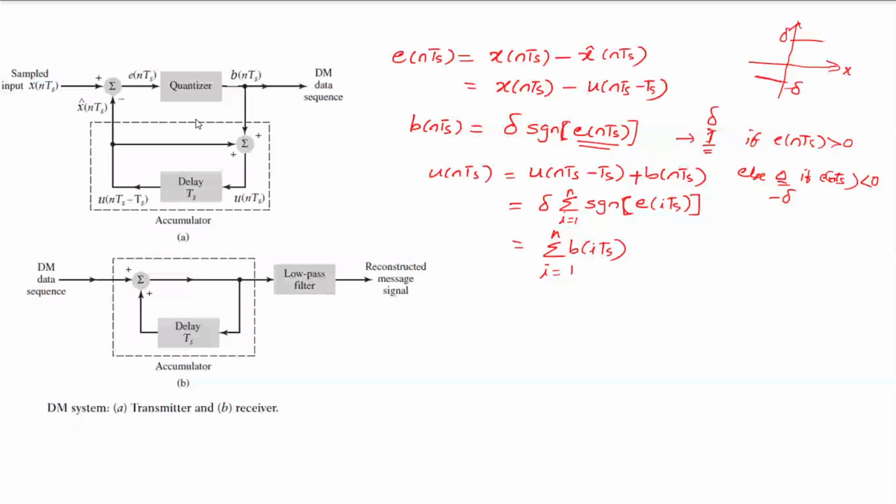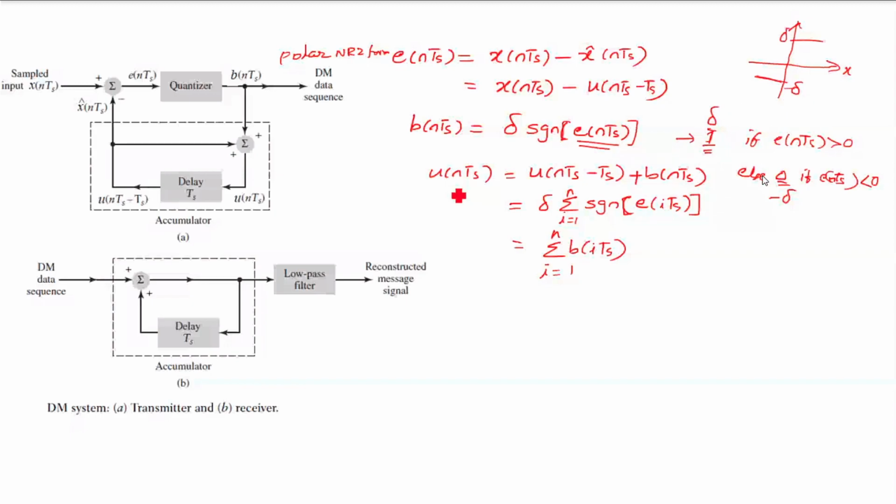So you can see this binary signal is in polar NRZ format. b of n into ts is nothing but delta times signum of e of n into ts. Why signum? It's a characteristic of the quantizer.